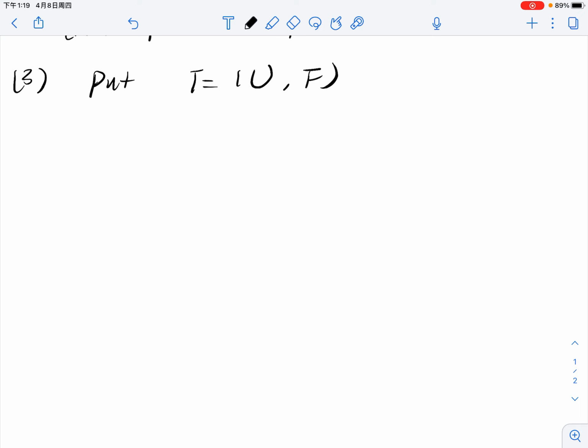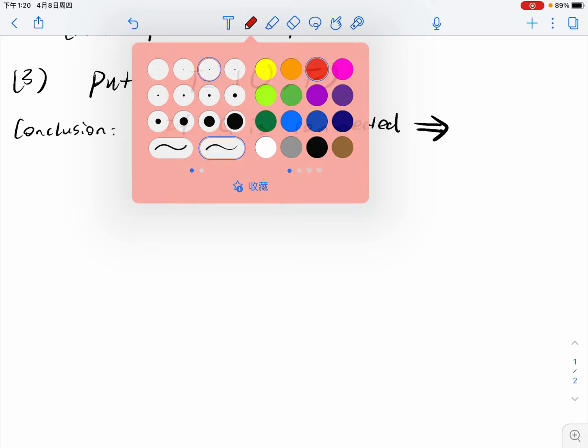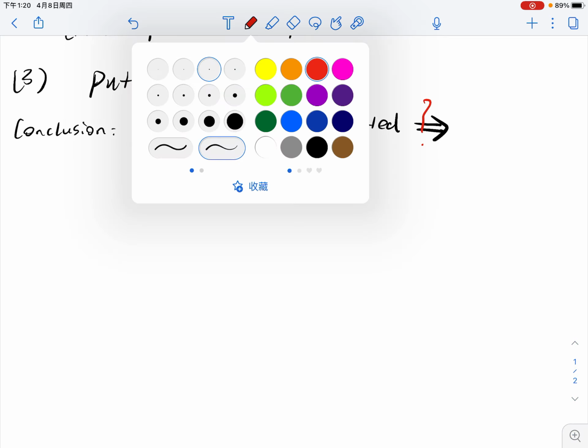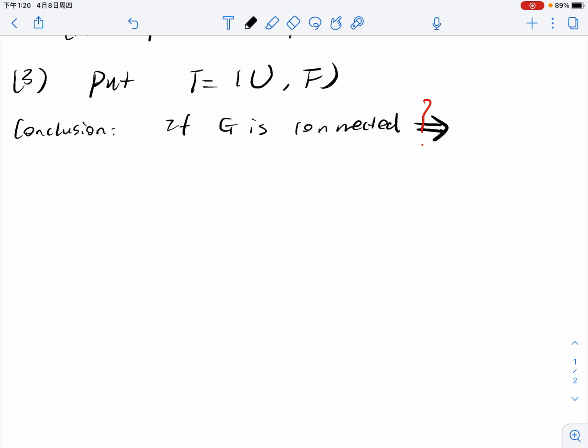Okay, then the goal: if G is connected, then we want to say T is a spanning tree.